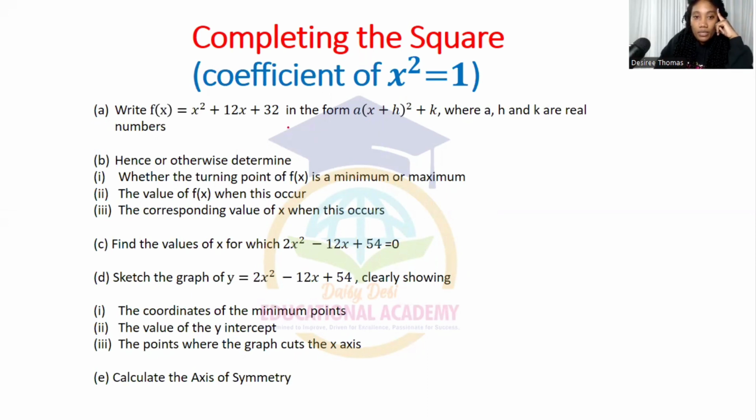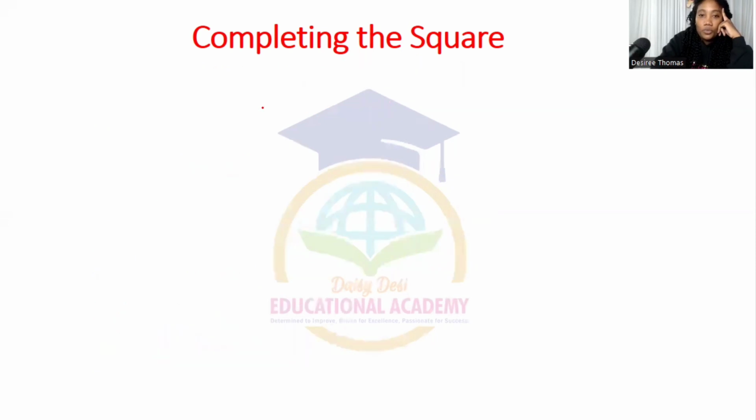So let's attempt to complete the square. It's x squared plus 12x plus 32. Let's write it on the side. So we put our brackets, we put our square, and we put our x. Now, x squared gives back the x squared.